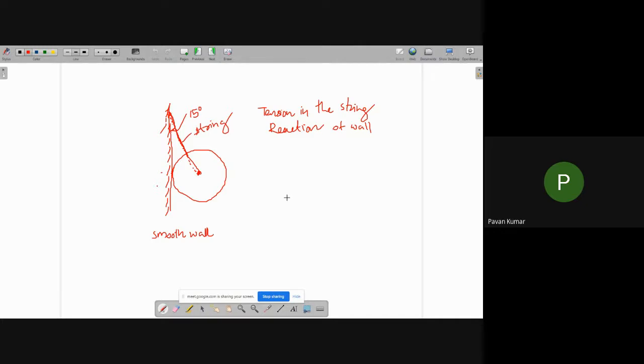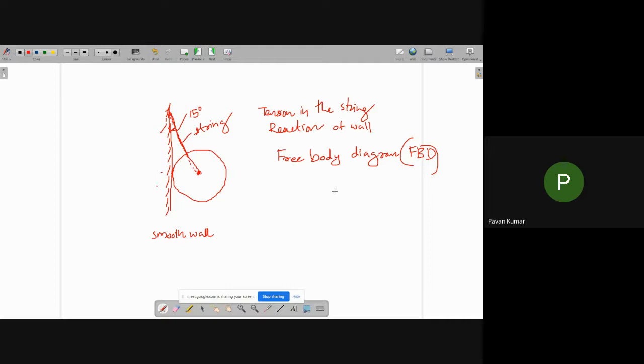So first step is to draw the free body diagram for this ball. We usually call it FBD.